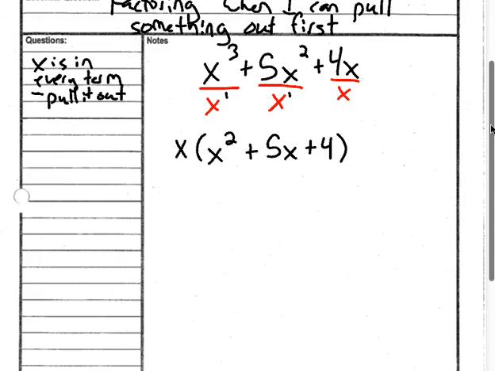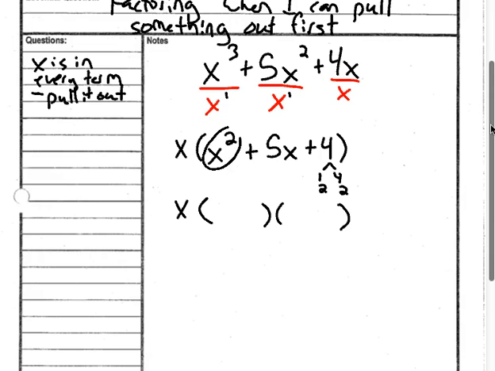And so now, once I pull that x out, the interesting thing is I can actually still factor that one more time. So now I can still deal with what's in the parentheses because that 4 could be a 1 and a 4, or a 2 and a 2.